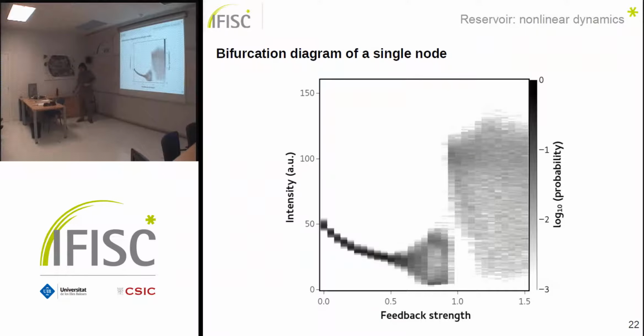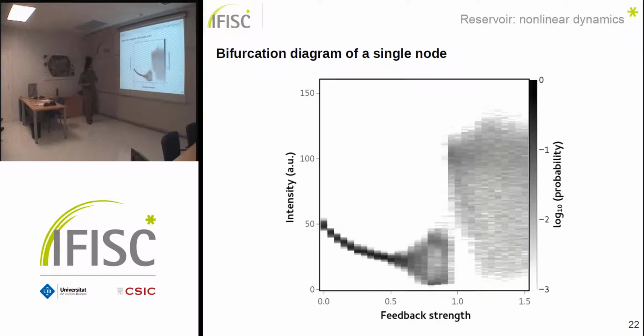To show you that this system can exhibit some kind of nonlinear dynamics, I'm showing you this bifurcation diagram. For those who don't know, the bifurcation diagram shows the probability of observing a certain amplitude on the dynamics of a system when you change a parameter.